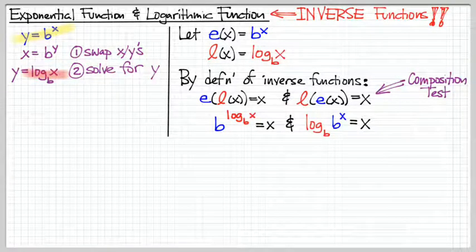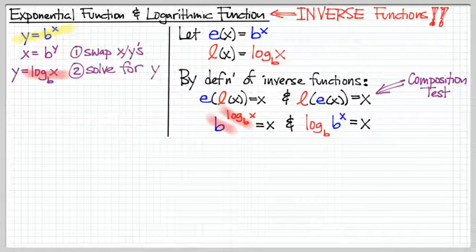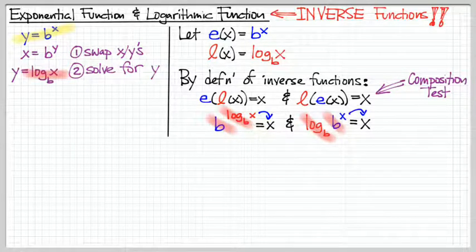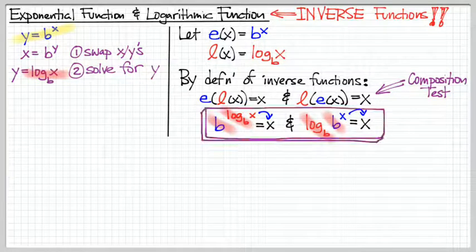So in this particular case, when I have b raised to the power of log b of x, I simply get back x itself. They undo each other. When I have log base b of b to the x, again, I don't want to say cancel exactly, but they do undo each other, and so I just get simply x as a result.